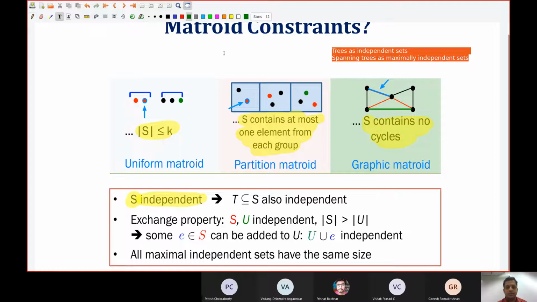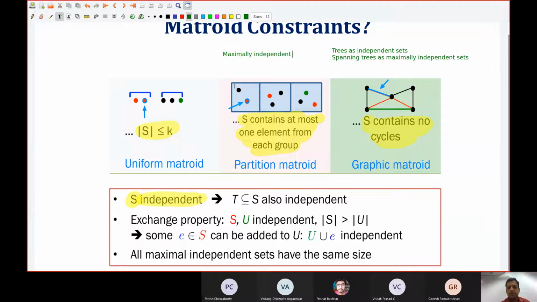So likewise, for all of these, you can write them. Here, it's different. Defined that one element from each group is an independent set. So maximally independent will consist of one element from each group. Right? Likewise, for uniform matroid, if you fill up the size, then basically a maximal element.